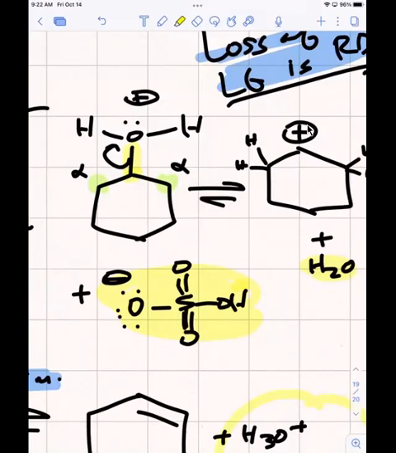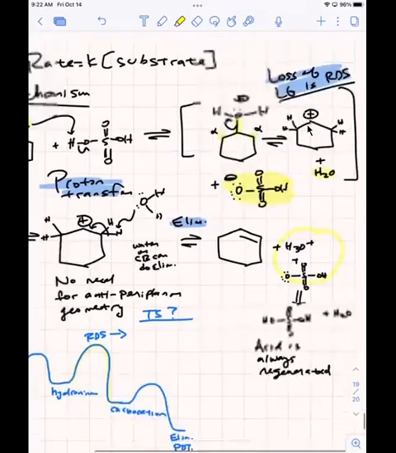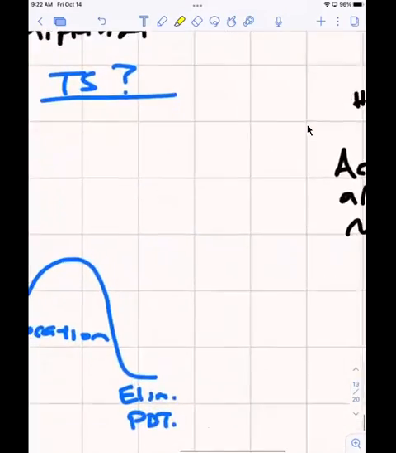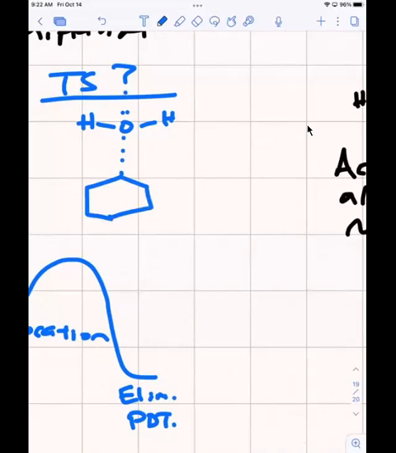So if I'm just losing the hydronium ion in that step, what would the transition state look like? Remember when we did the SN1, what did the transition state look like for that? Wouldn't it just be a partially broken bond between oxygen and carbon?